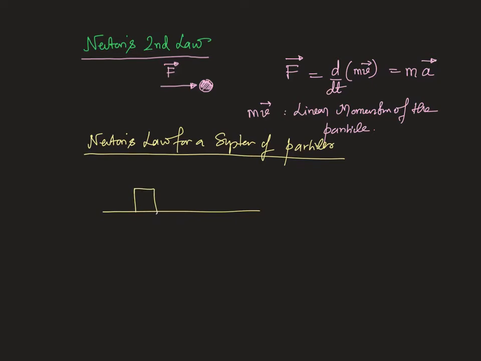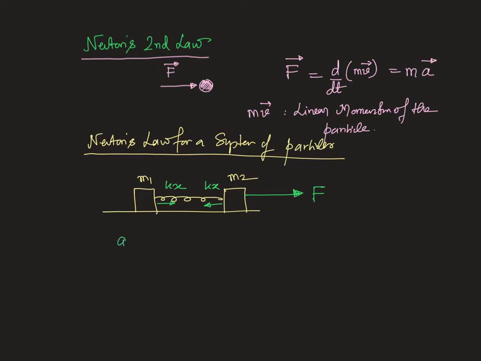So suppose two blocks are connected by a spring, a block of mass m1 and a block of mass m2, and there is an external force F acting on block m2 only, and say there is an extension in the spring, so spring force kx, and here also spring force kx.